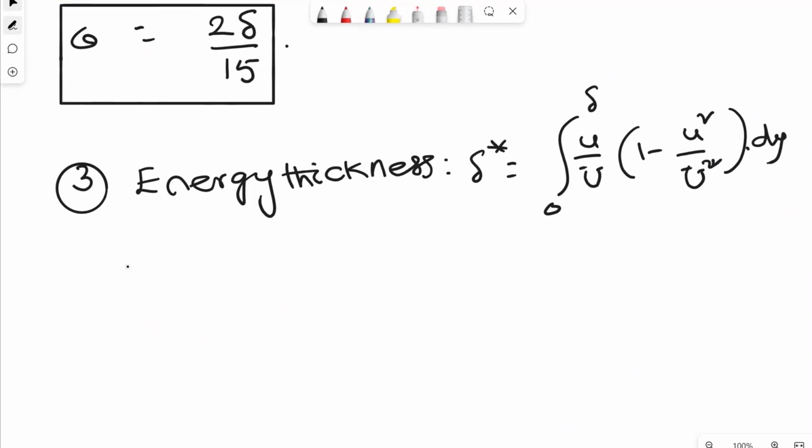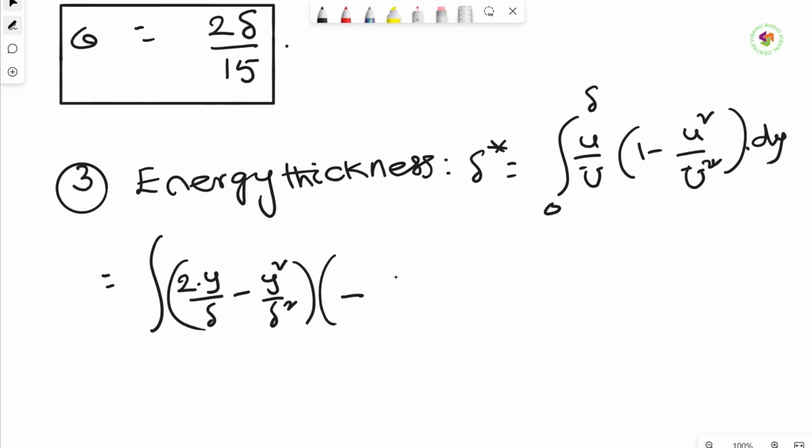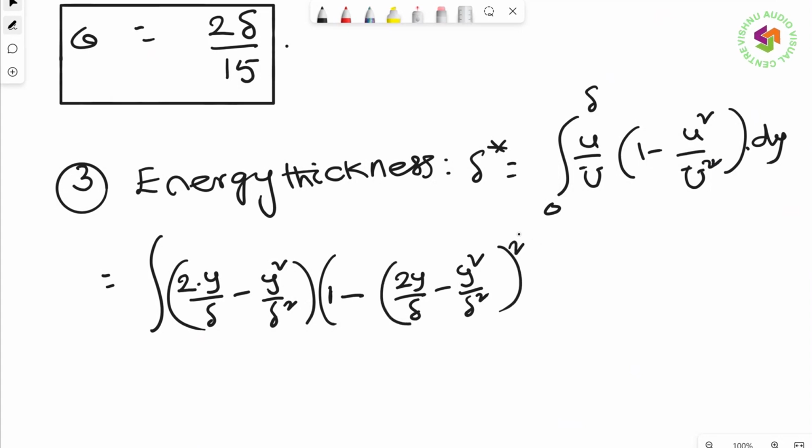In that case, it is equal to the integral of 2y by delta minus y square by delta square, into 1 minus the whole square of 2y by delta minus y square by delta square, dy from 0 to delta.